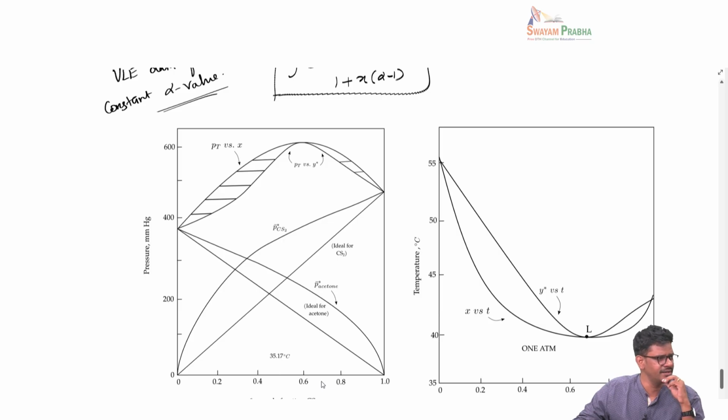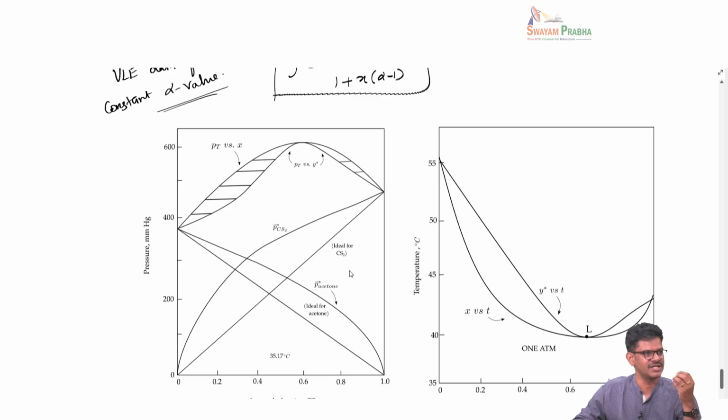Why do I say non-ideal? Because if I look at the partial pressure for CS2, carbon disulfide, the straight line that you see here is predicted from Raoult's law, which I showed before. It's proportional to the mole fraction, a constant line proportional to the vapor pressure. But if you actually measure, you will see that the equilibrium partial pressure is well above the Raoult's law prediction.